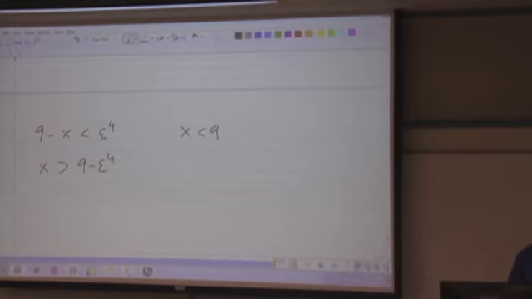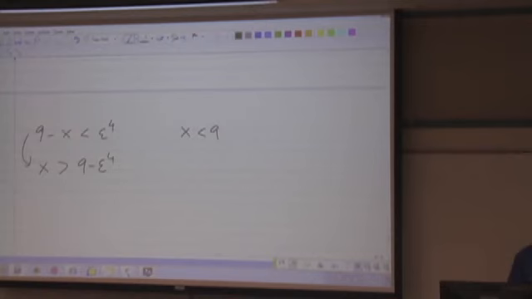Too fast? Where did we just go? From here to here. We just kind of switched stuff. Okay, take an extra step. Yeah, I got it.